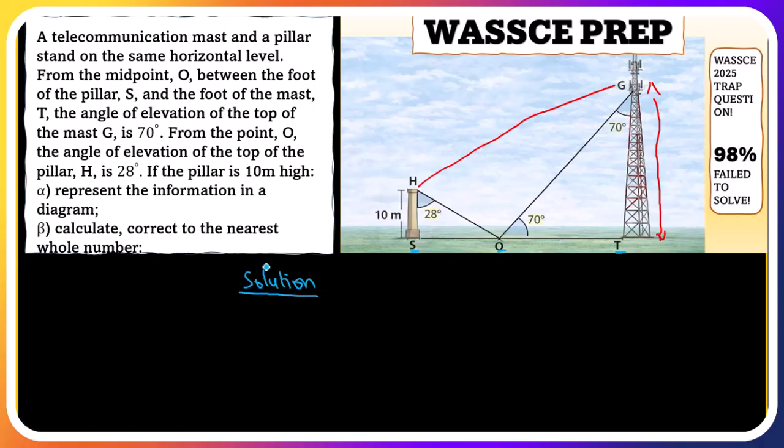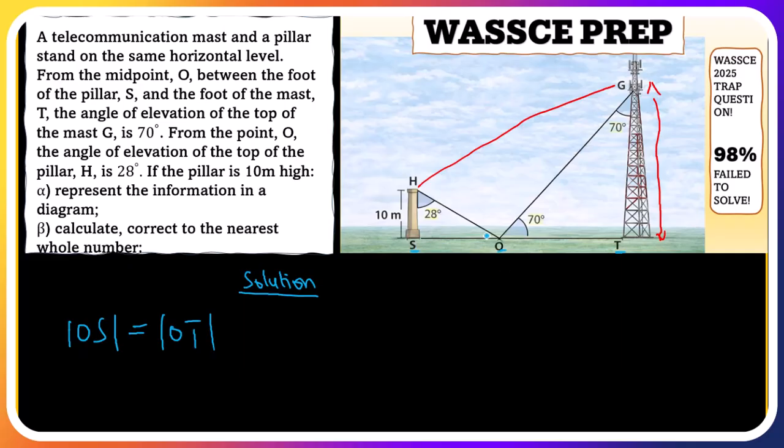So we can conclude that the line OS is equal to OT, since the distance from O to S is the same as the distance from O to T, because the point O is the middle point between these 2 points.